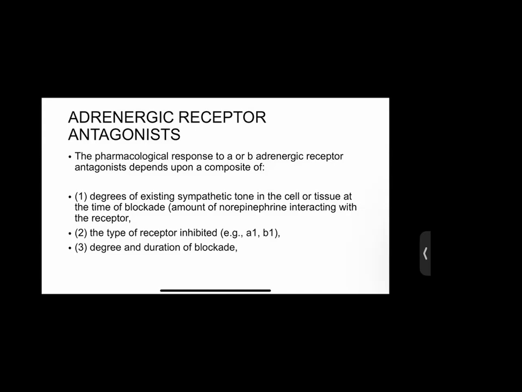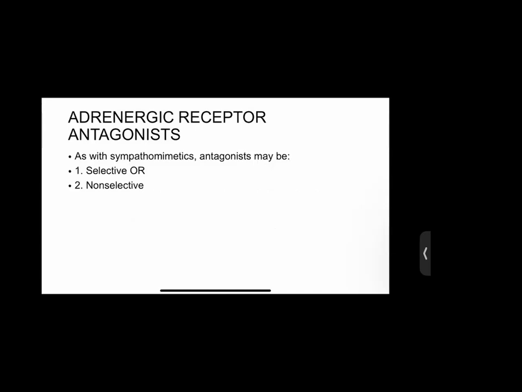Is it alpha-1, or beta-2, or alpha-2? Then the degree and duration of blockade of these receptors determine the clinical effects. The antagonists are also classified according to whether they are selective or non-selective.